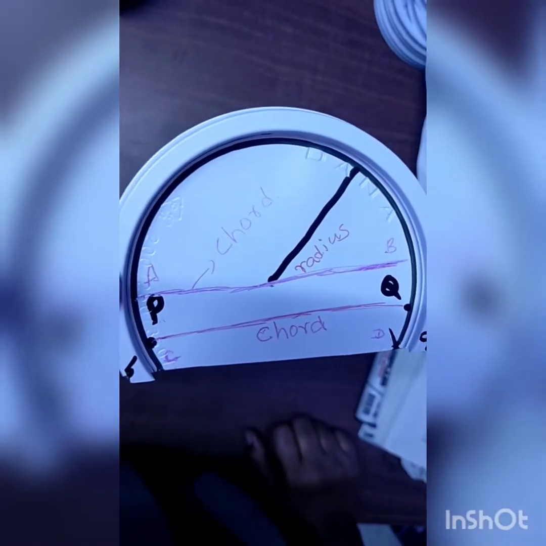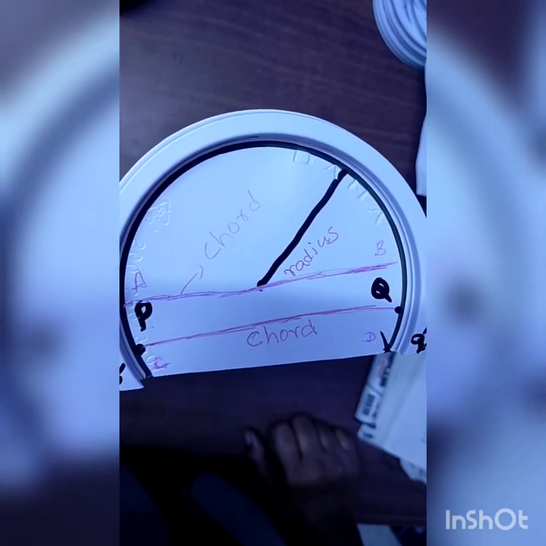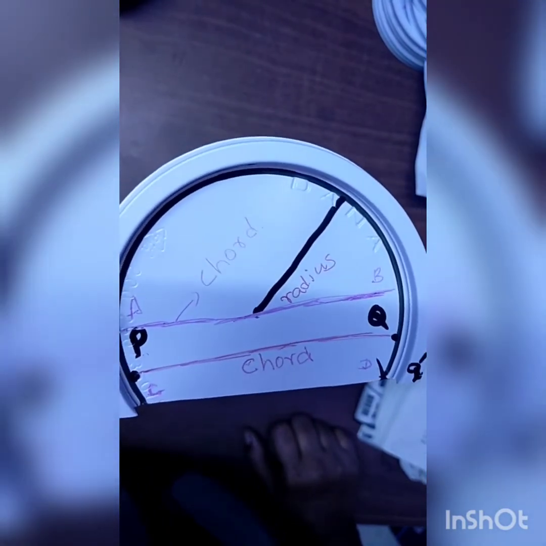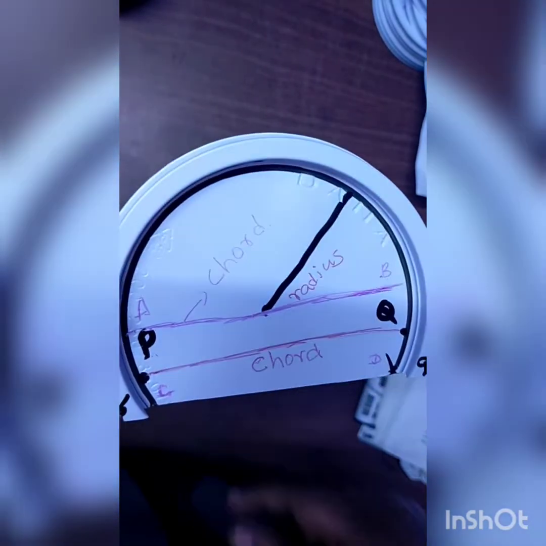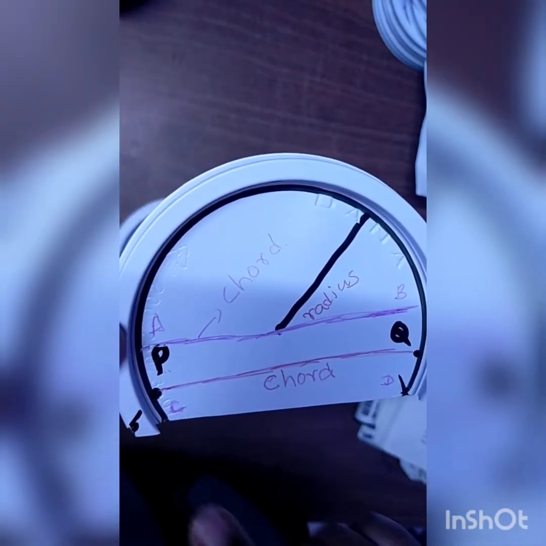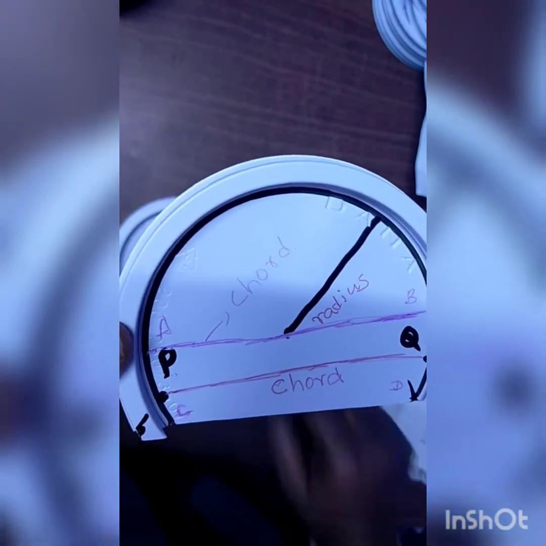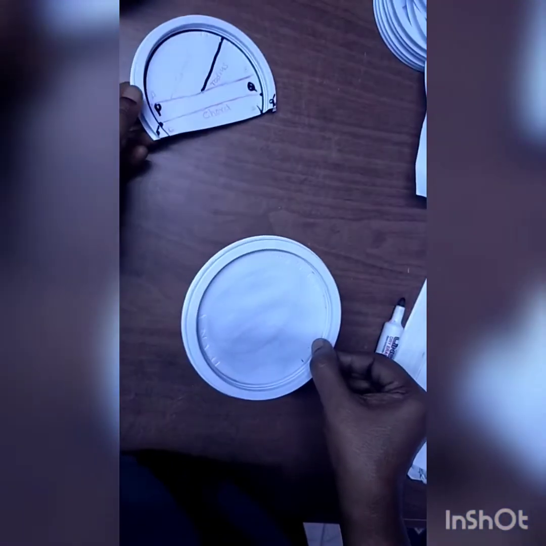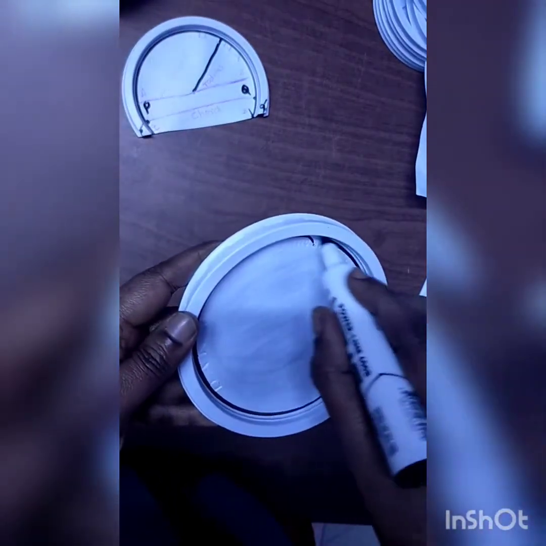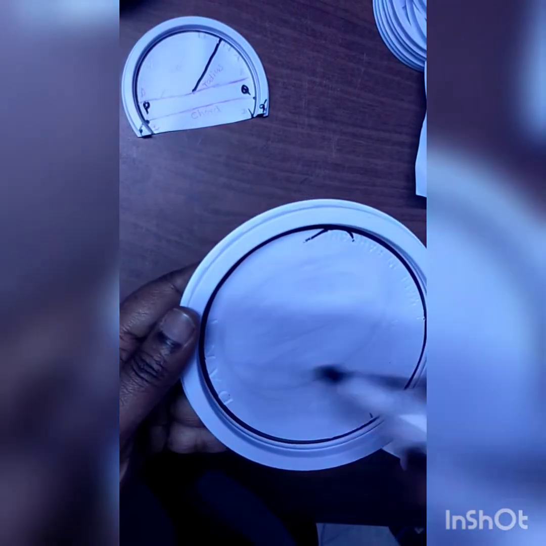Now let's recall the theorem what you have learned in grade 9, children, because you need this to solve any problem related with the circle. So what is a chord? Chord is the line joining any 2 points on a circle. You know that. Okay. So now I have a circle and I have 2 chords.